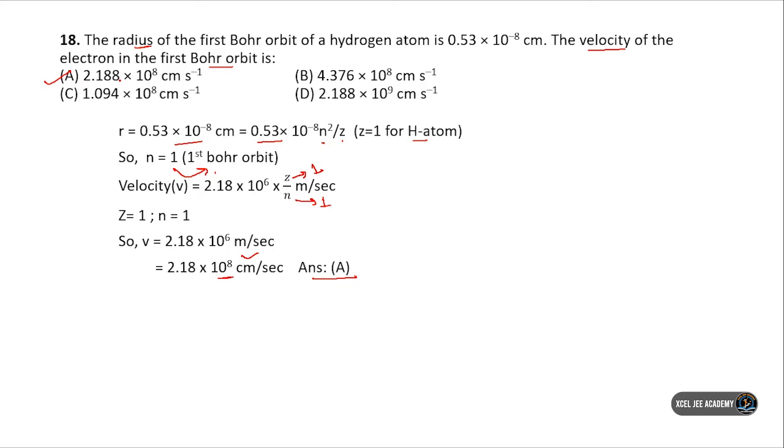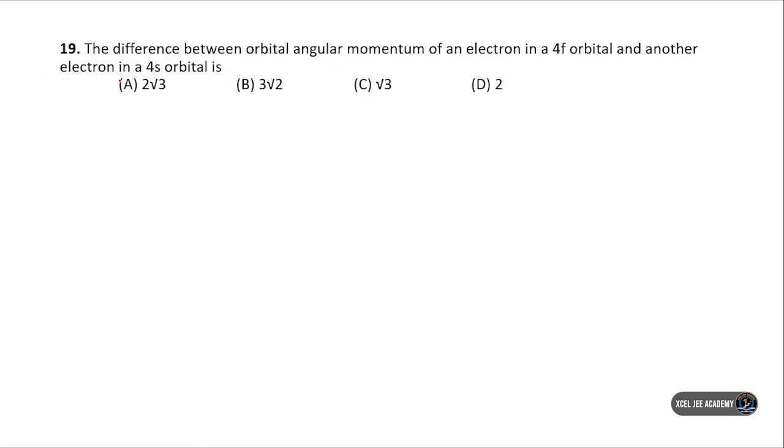Moving on to the next question, we have to find the difference between the orbital angular momentum. Before finding the difference, we first have to see what orbital angular momentum is. Orbital angular momentum for any electron in a particular orbit can be written as under root of L into L plus 1 multiplied by h by 2 pi, where h is the Planck's constant.